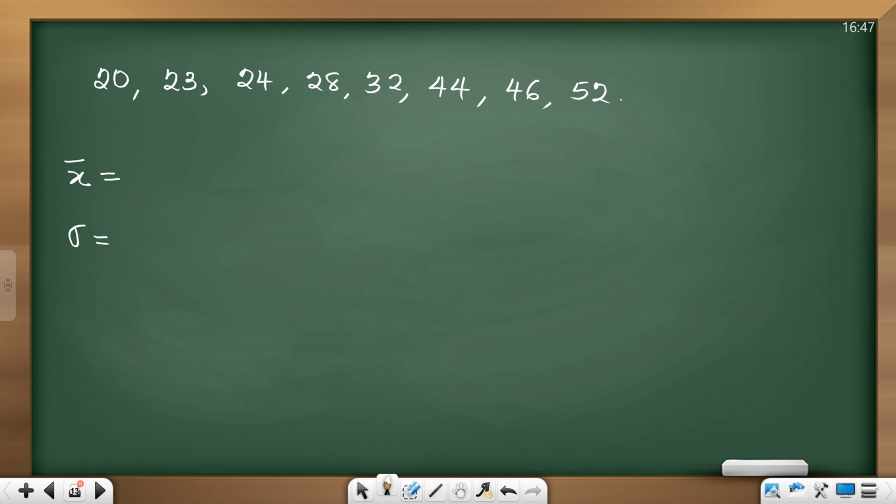Let's calculate quickly. What is our mean? 33. What's our standard deviation?